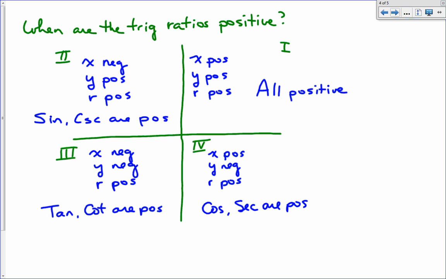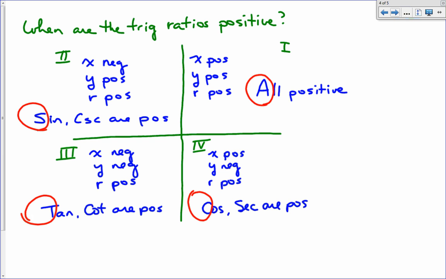So there's a little way to remember which ones are positive. It's possible to think it through each time, but there's a little mnemonic device that students learn. There's A for all, S for sine and its reciprocal, T for tan and its reciprocal, and C for cosine and its reciprocal.